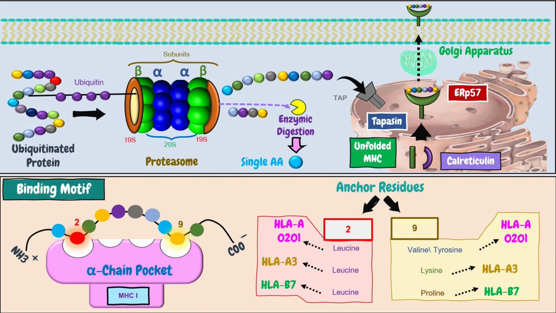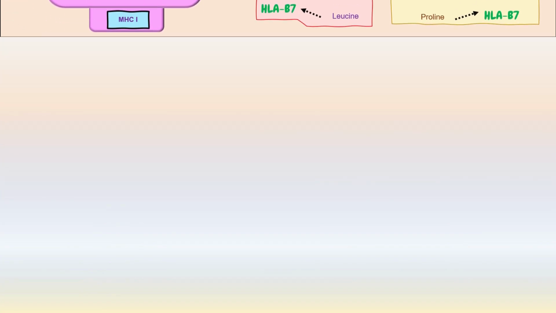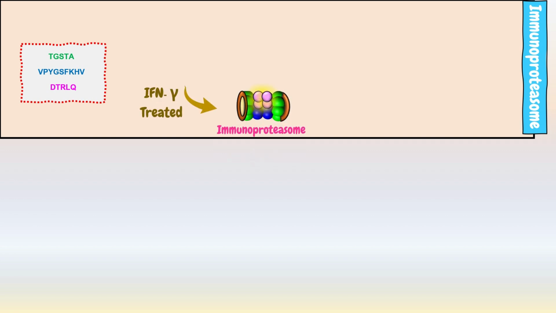Do you know what is immunoproteasome? Lymphoid tissue and cells exposed to interferon gamma have a slightly different proteasome complex, as some of the beta subunits are substituted by subunits with different substrate preferences, such as LMP2, LMP7, and MECL1.